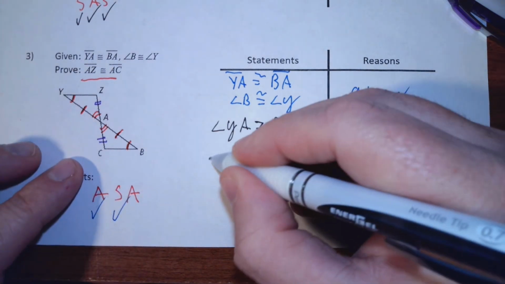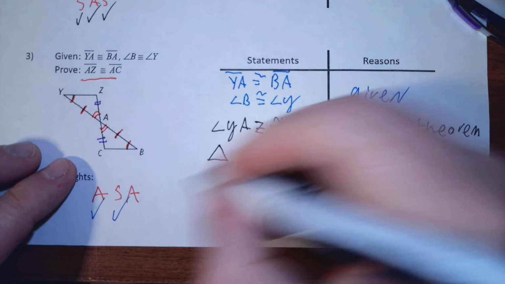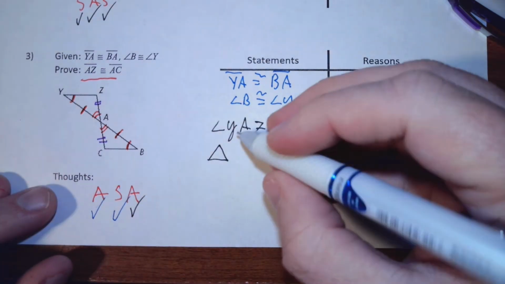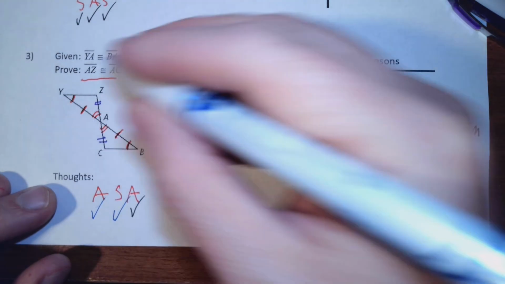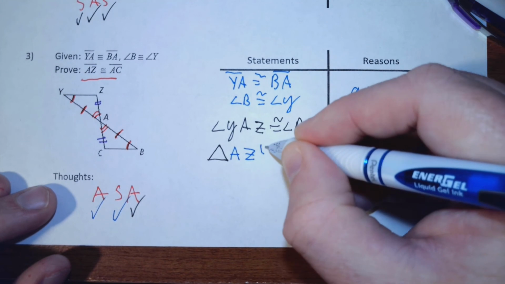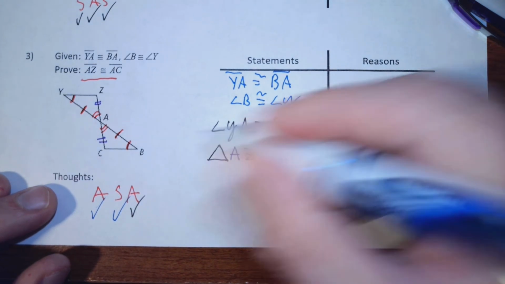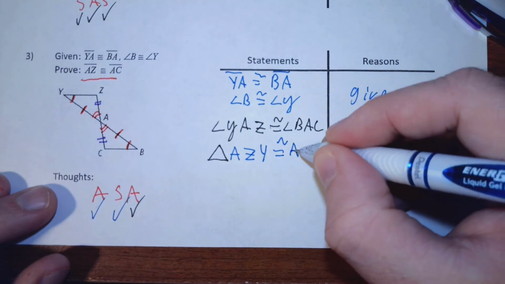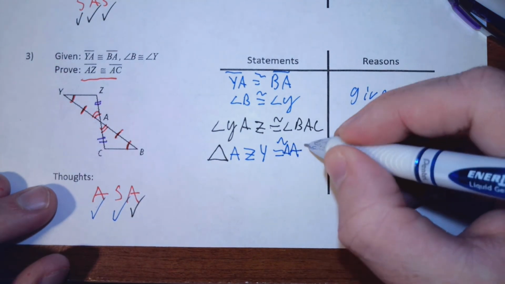I guess I proved 2 triangles already, because that's another angle. So triangle, let's just call it AZY. AZY is congruent to ACB. I forgot my little triangle, ACB.